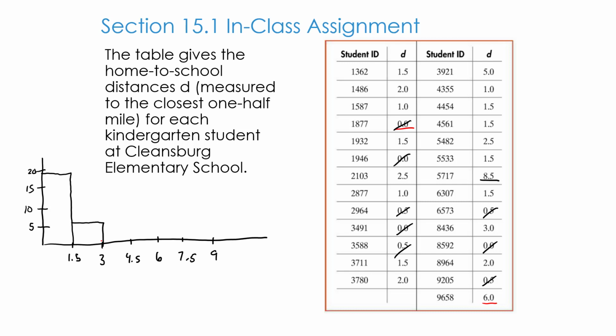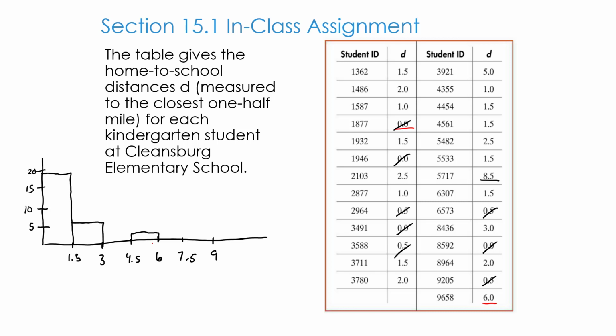We don't have anybody. And then from 4.5 to 6, not including the 4.5, but including the 6, we have 1, 2. We only have 2. And then from 6 to 7.5, we don't have anybody.